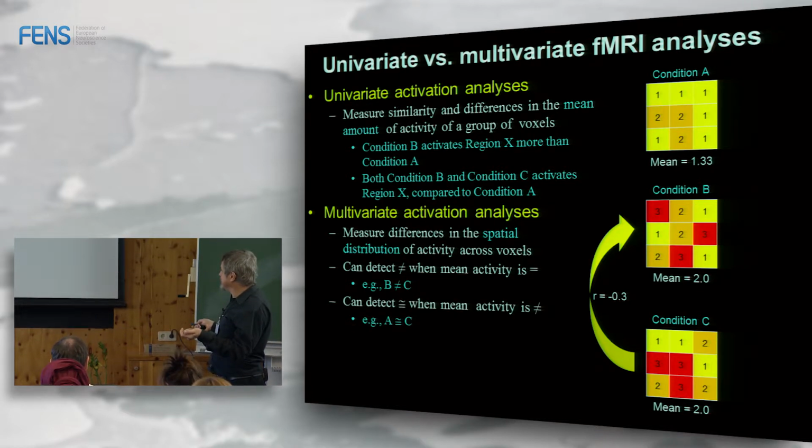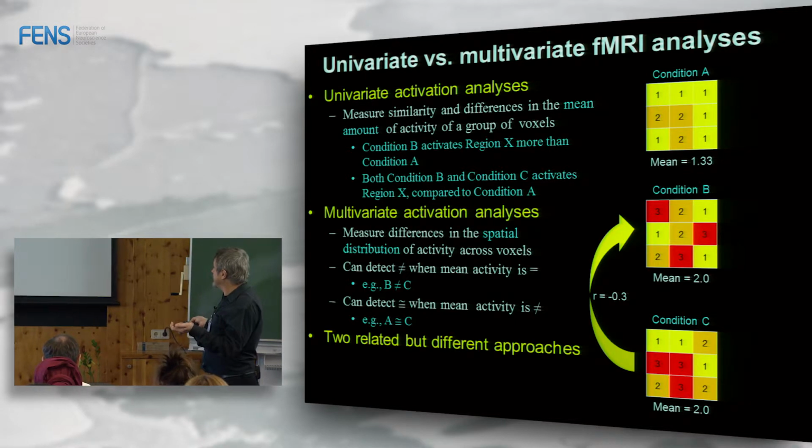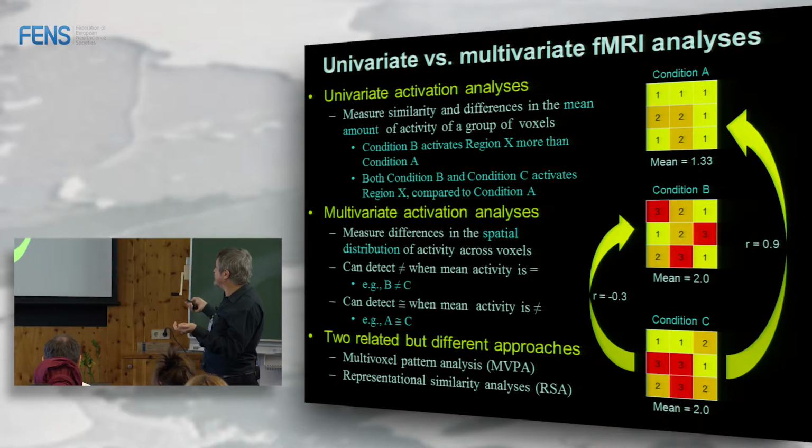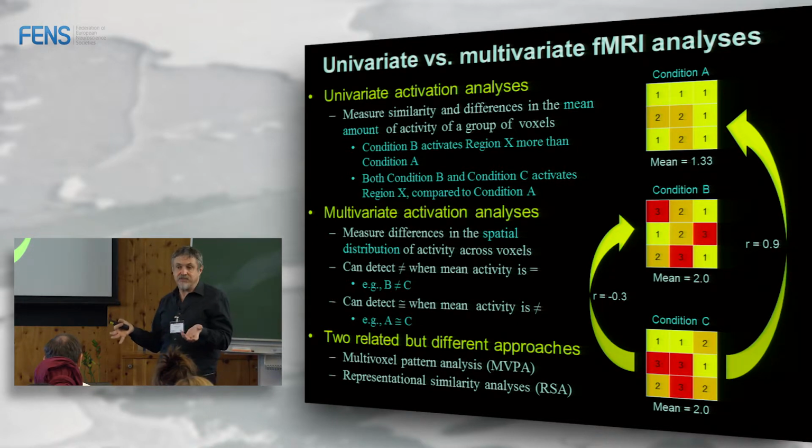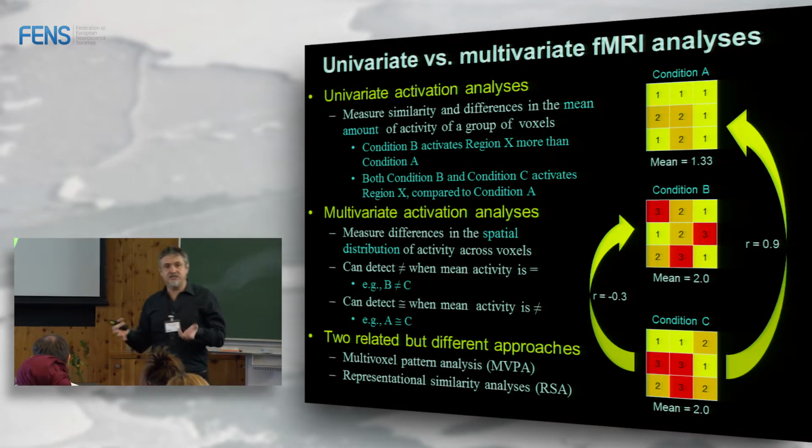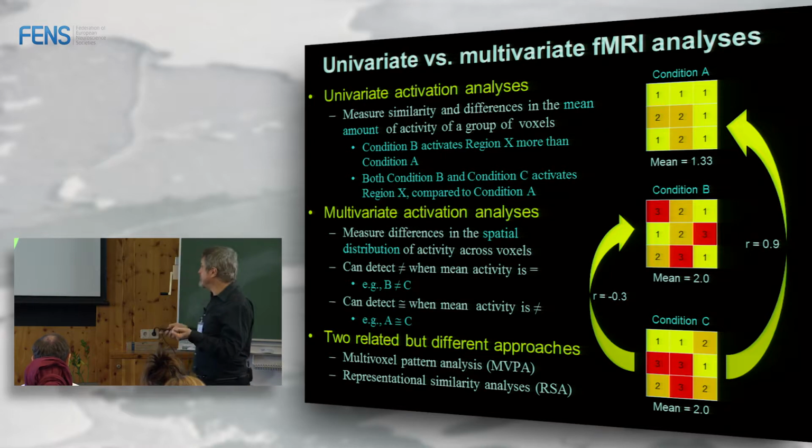For example, C is more than B, so you can say it's different, but actually the correlation is 0.9. As you can see, there is a very similar pattern, even though there is a difference in activity. So clearly the correlations give you different information than the means. You can detect changes in multivariate patterns that you cannot detect with univariate activity.